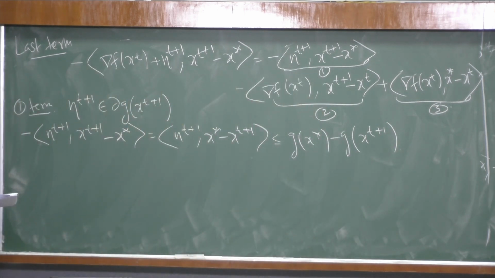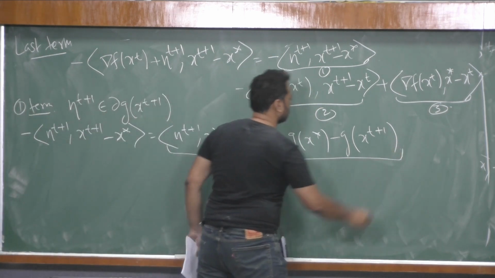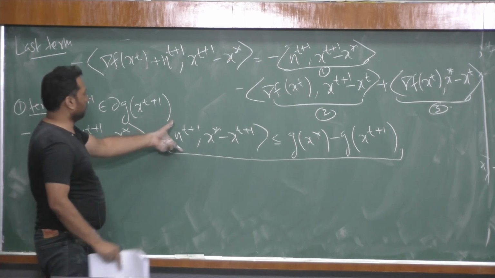Okay, so this is the definition of eta being a subdifferential. So g(y) minus g(x) minus eta times (y minus x), if this happens, then eta is in the subdifferential of g. So this is exactly the inequality that it satisfies.